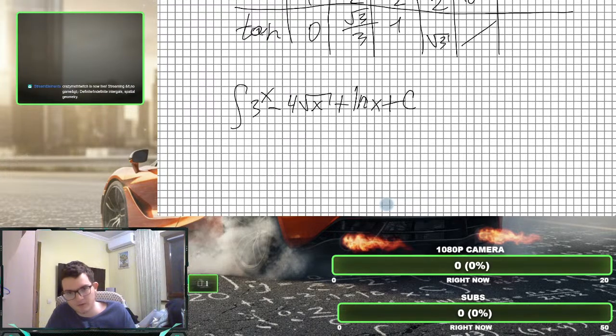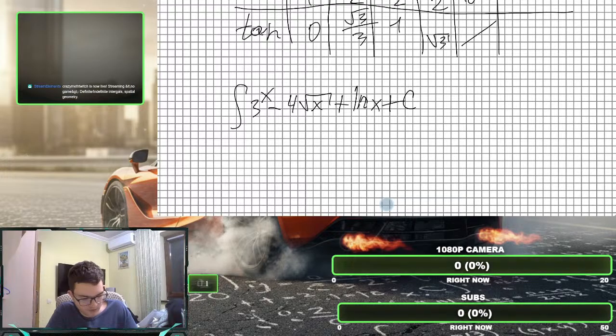It took the 3 to the power of x as 3x. This needs to be changed to fix this. Okay. So let's change this: 3 to the power of x minus 4 square root of x plus ln of x.